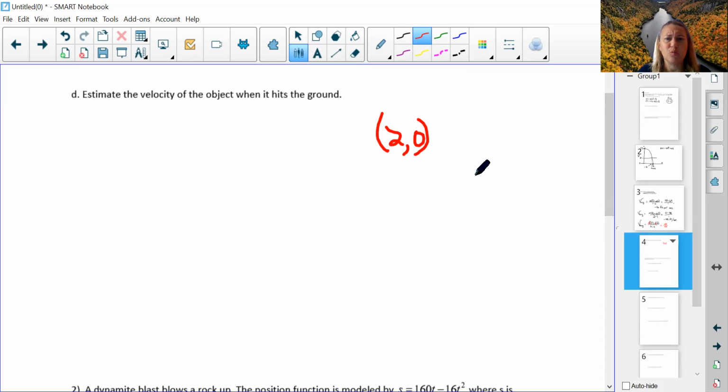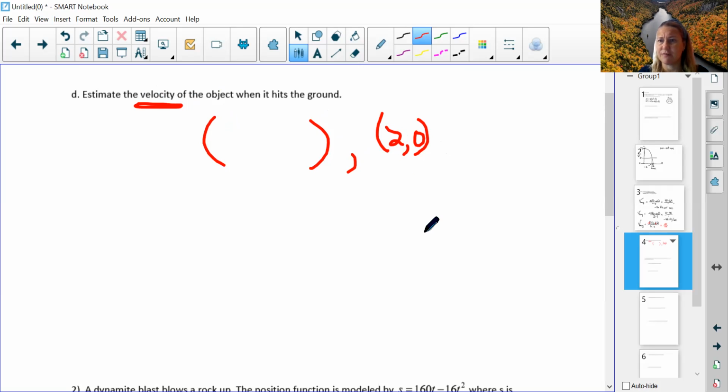So what I want to do is pick another point, because I need 2 points to plug into the average velocity formula. That's just slope; I can't find the slope unless I have 2 points. So how do I pick a second point? I want to pick a point close to the point 2, 0. And what's close?